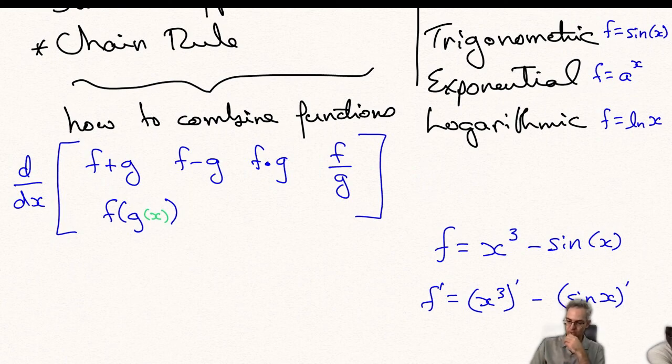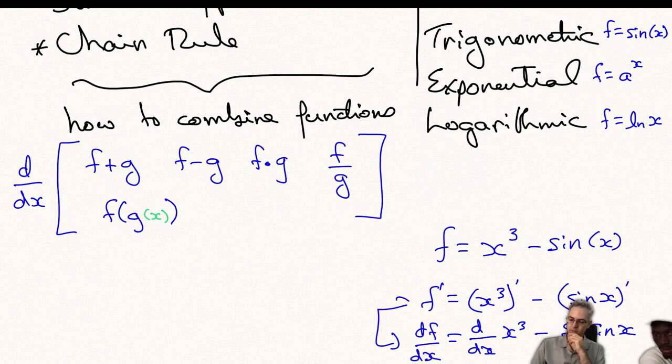Yeah. So the other way to write it, just for everybody's benefit, would be like this: minus d by dx of sine x. That would be the same thing. And just for consistency, we would write it like this. Both of these are the same thing.